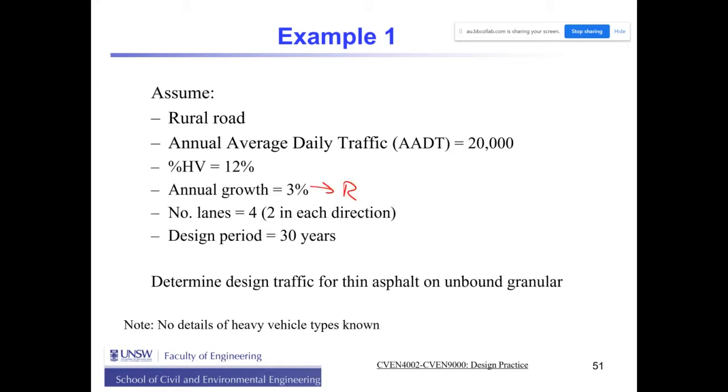This is R. The number of lanes is 4, 2 in each direction. And the design period is 30 years. We want to determine the design traffic for the thin asphalt on unbound granular. This is for the case that the mode of failure is rutting and permanent deformation.